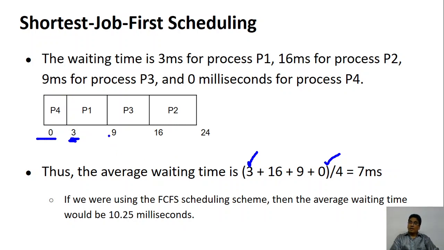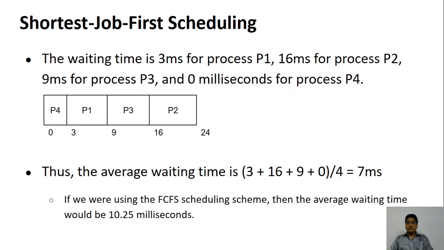Then P3 will start after 9 milliseconds. Last one, P2, will start after 16 milliseconds. So these are the waiting times for them. If you divide by all of them, you will notice that the average waiting time is 7 milliseconds.